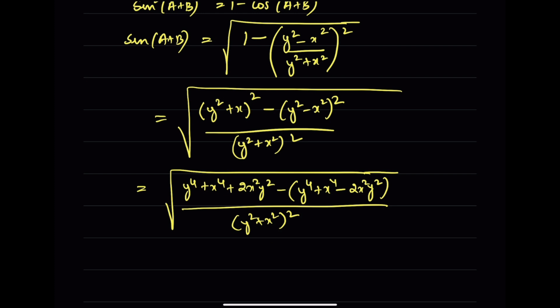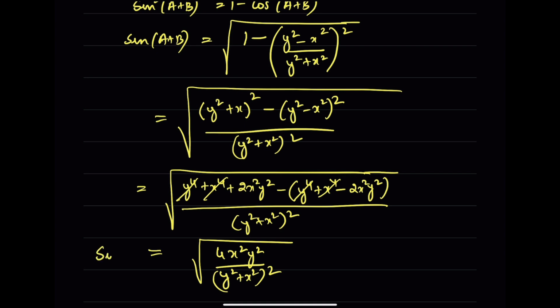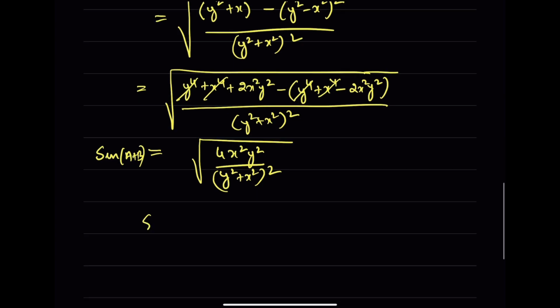So here y to the power of 4 gets cancelled, x to the power of 4 gets cancelled, and this would be square root of 4 times x square y square divided by y square plus x square, the whole square. Sine of A plus B is this. Now if you resolve the square root, we get sine of A plus B is equal to 2 times xy divided by y square plus x square.